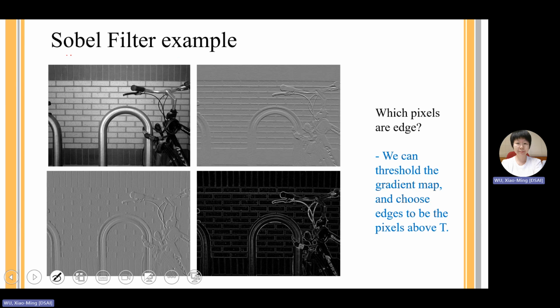So this is an example of applying the Sobel filter. For this image, this is the result of what? You see a lot of horizontal edges.